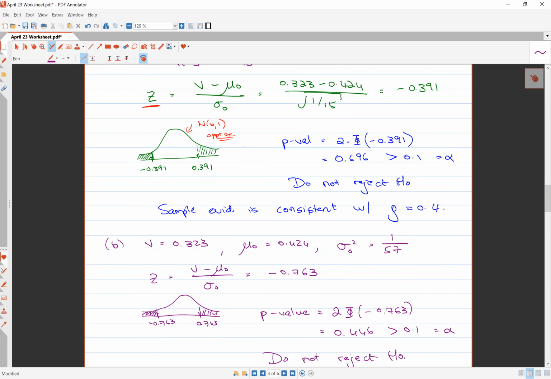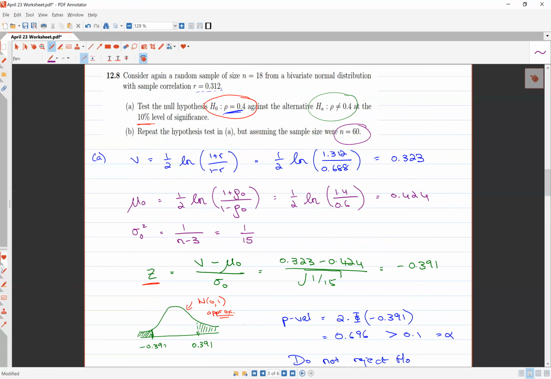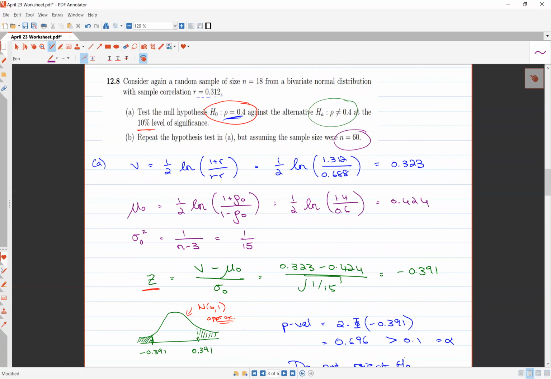So what is the point of looking at the bigger sample size here? Well, we would expect at a small sample size, say 18 in this case, that you wouldn't be able to easily reject the null hypothesis. We're trying to figure out what it means to be close to the value under the null hypothesis. Under the sample size of 18, that sample correlation is still close to 0.4.